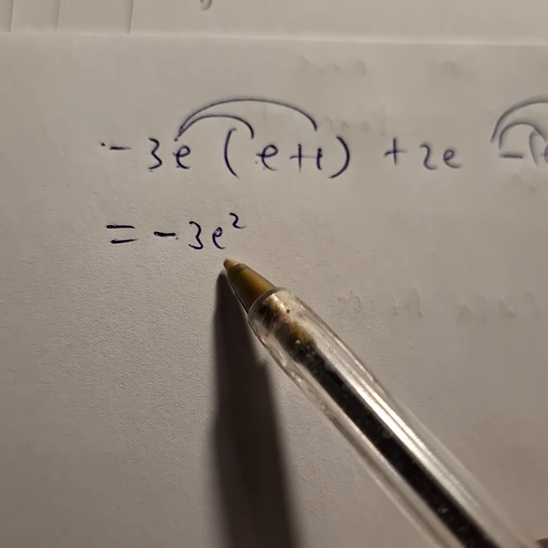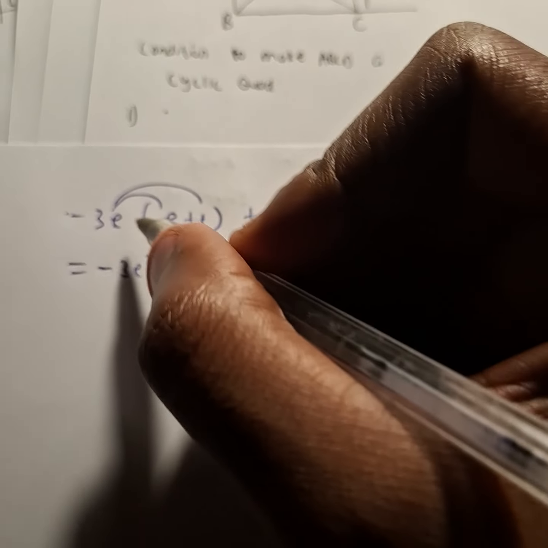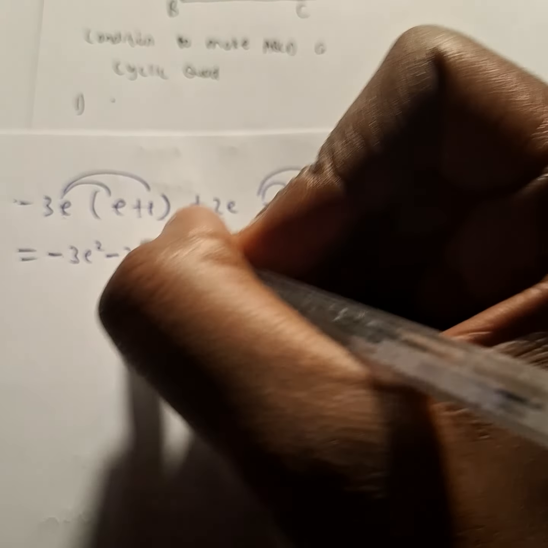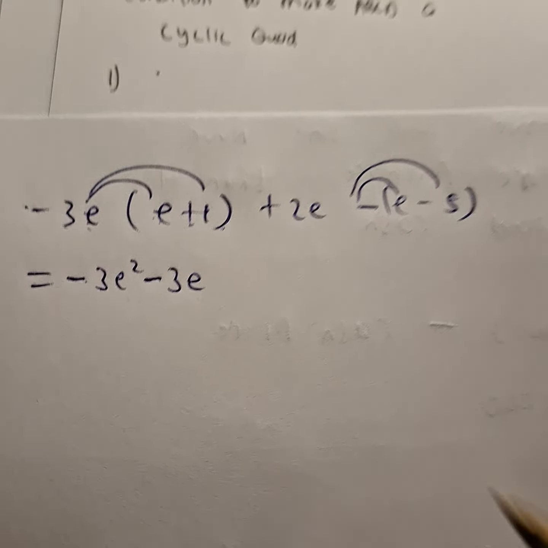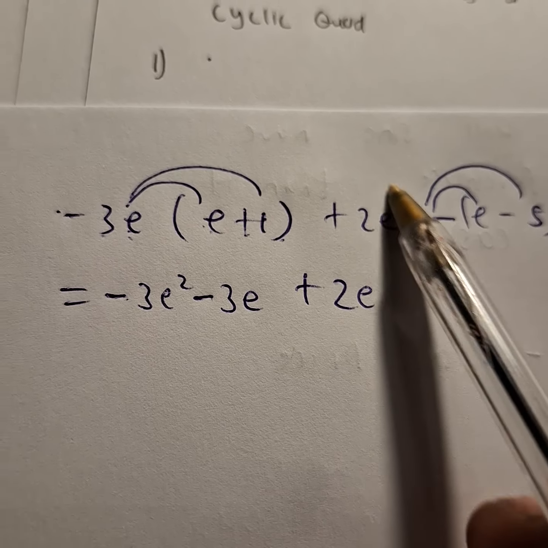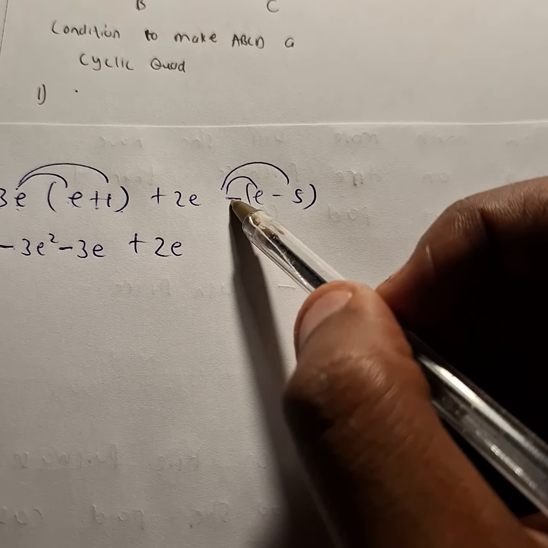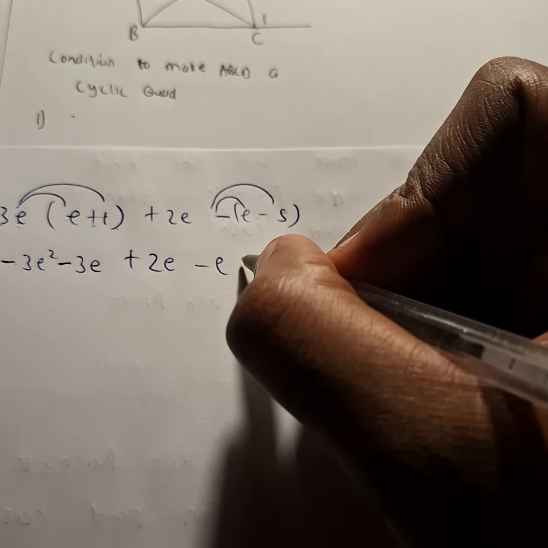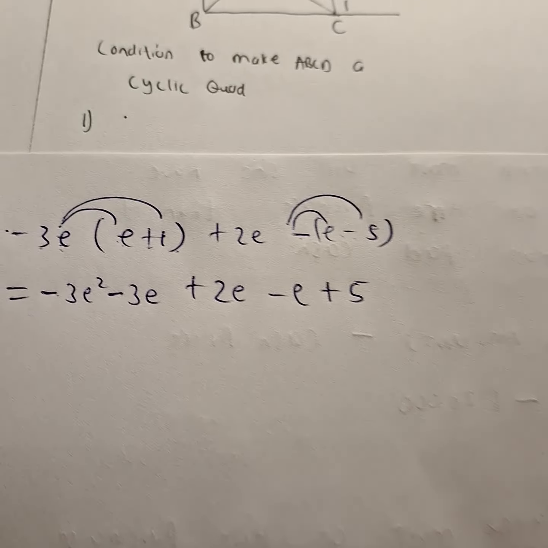E times E, e squared. Negative times a positive, negative 3 times 1, 3, the e next door. Brackets removed. 2e was a standalone. Negative times e, negative e. Negative times a negative, positive 5.